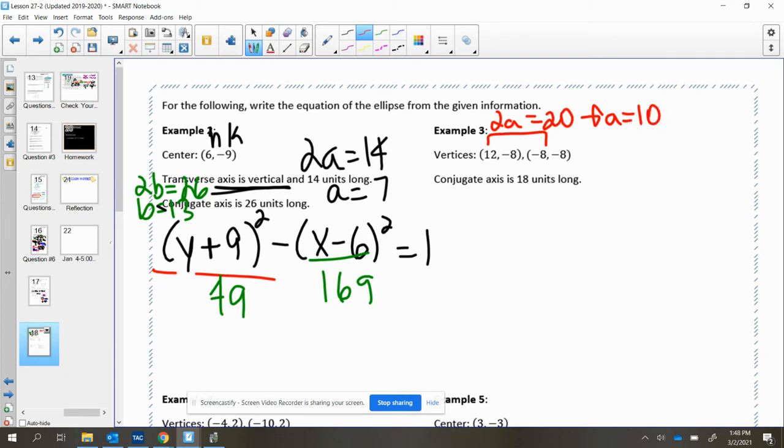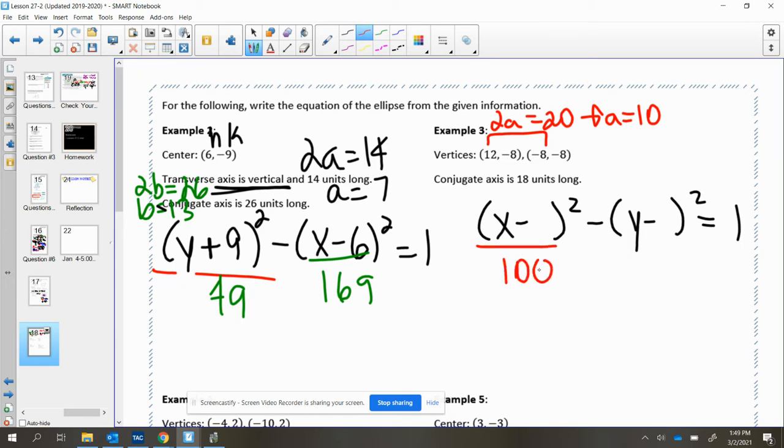Now notice we also moved horizontally, right? We moved the x values, which means our x parameter is going to be the one that comes first in this equation, and y will come second because this is horizontal. And again, we would have 100, a squared always comes first. Now the conjugate axis this time is 18, which means that b is 9, b squared is 81.